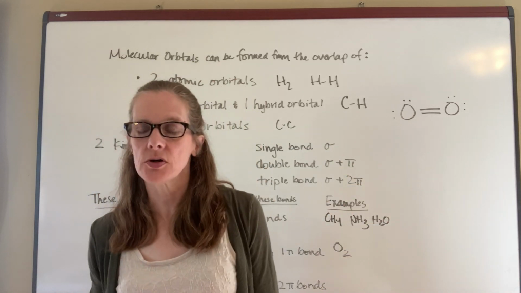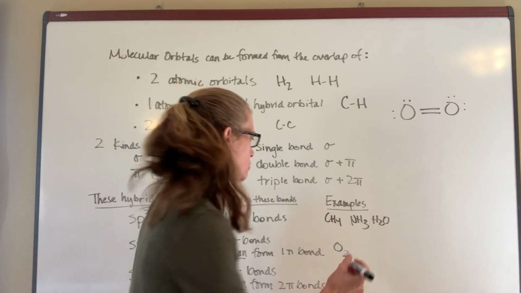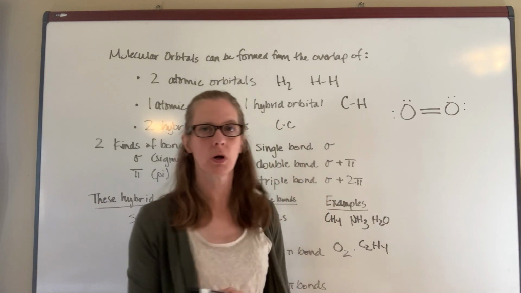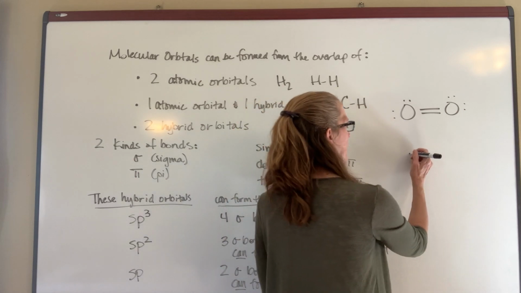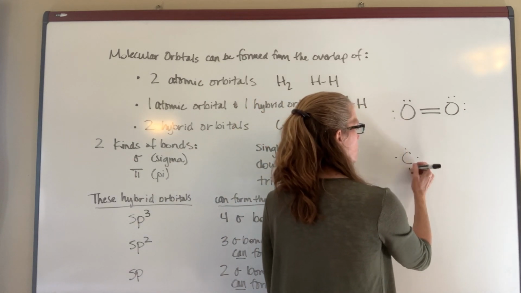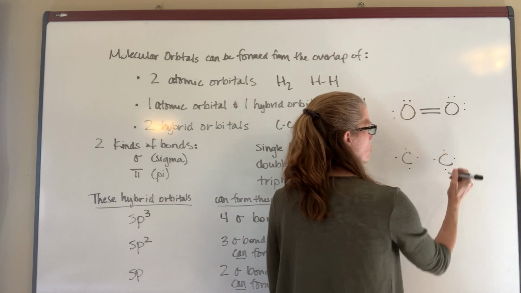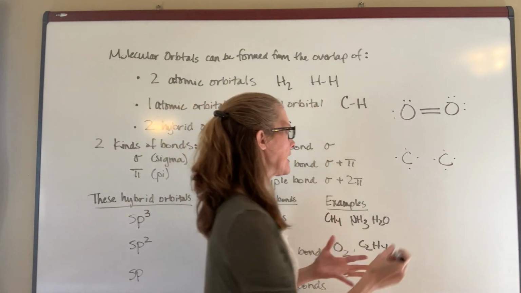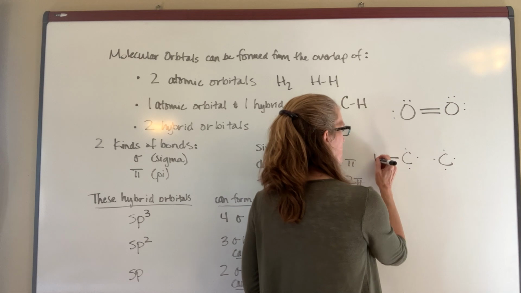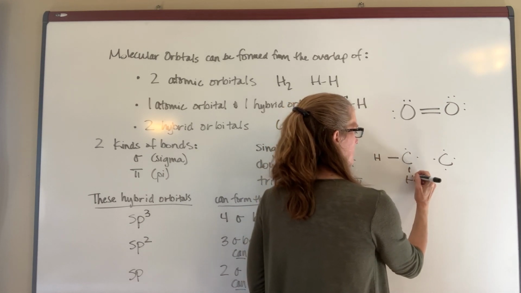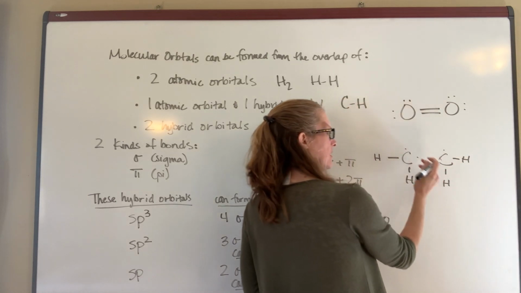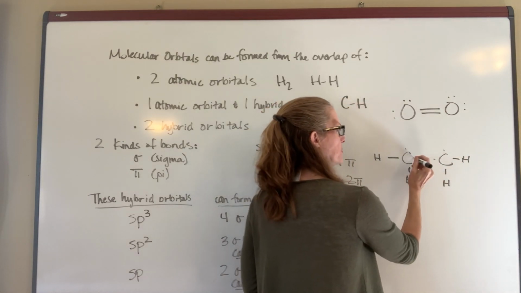Okay, another example of this type of hybridization is C2H4. If I have 2 carbons, each one of those has 4 valence electrons. I've got 4 hydrogens, and I'm going to put 2 hydrogens on each one of these carbons. And then I still have electrons that need to be shared.